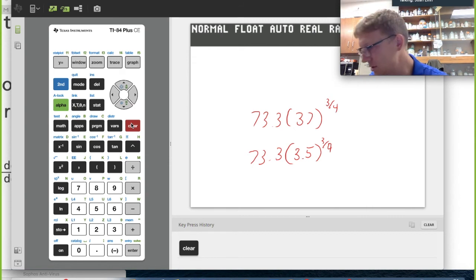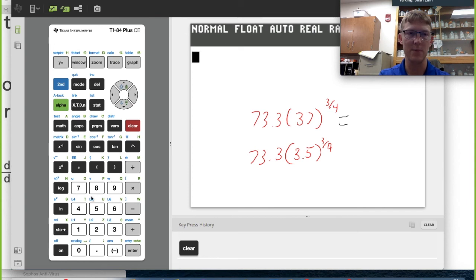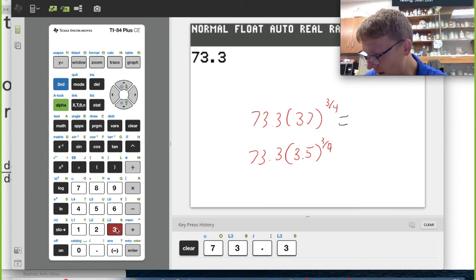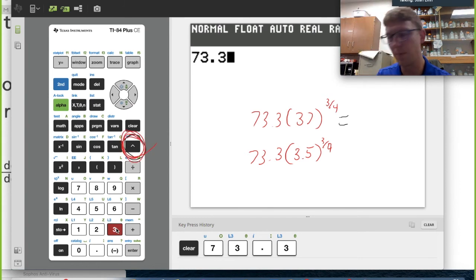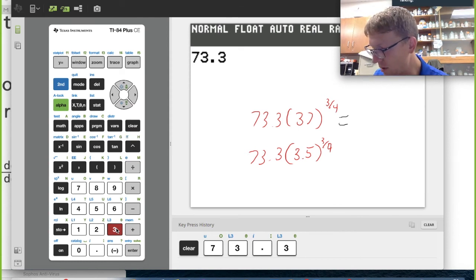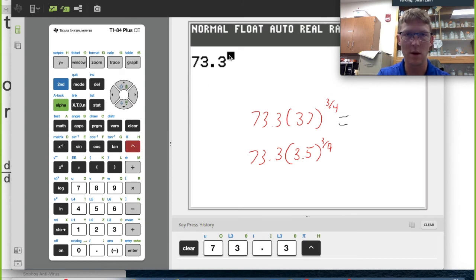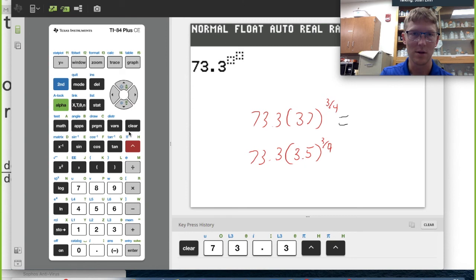So the way we're going to solve this is we're just going to type in 73.3, and hopefully by now you know that this is your power button, to the power of. So we can push our little caret, and then now that we're up here, we can actually just shove in our fraction. But I'm actually jumping ahead of myself. That's my bad.